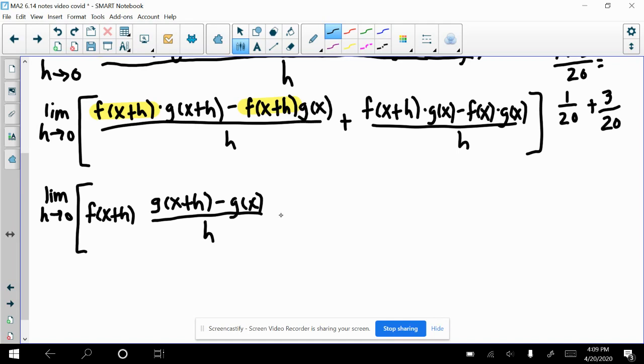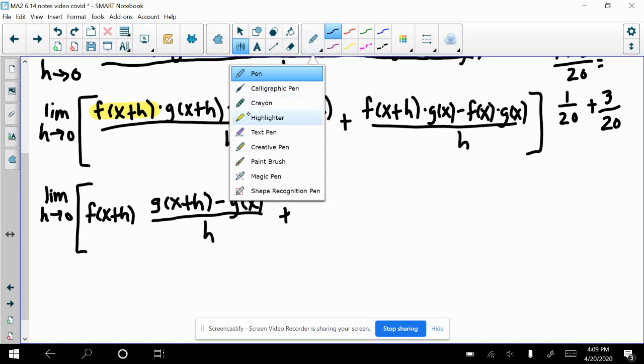Then plus, let's look at this fraction. What could we factor out of this fraction?